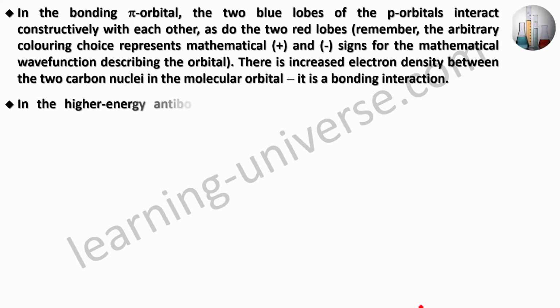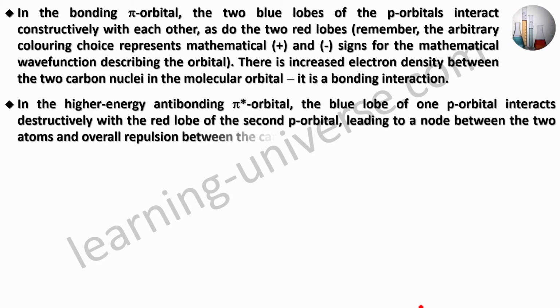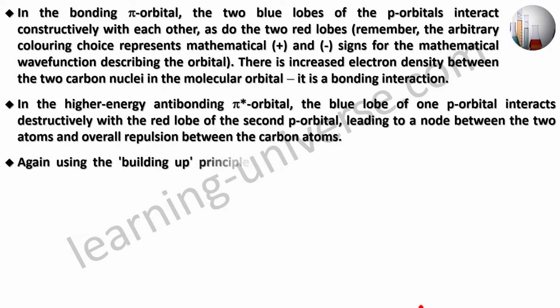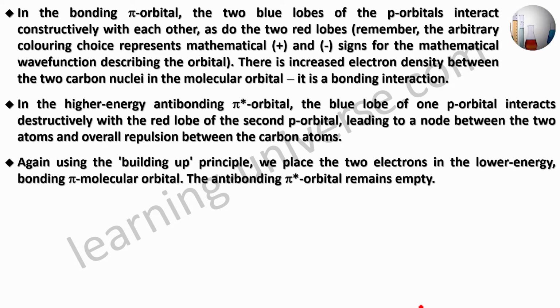In the higher energy antibonding pi star orbital, the blue lobe of one p orbital interacts destructively with the red lobe of the second, leading to a node between the two atoms and overall repulsion between the two carbon atoms. Again, using the building up principle, we place the two electrons in the lower energy bonding pi molecular orbital. The antibonding pi star orbital remains empty.